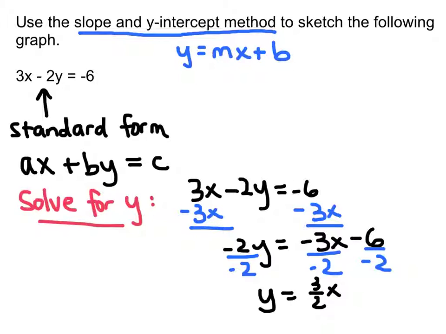And negative 6 divided by negative 2, that's positive 3. So my slope-intercept form of this particular equation is y equals 3/2 x plus 3.